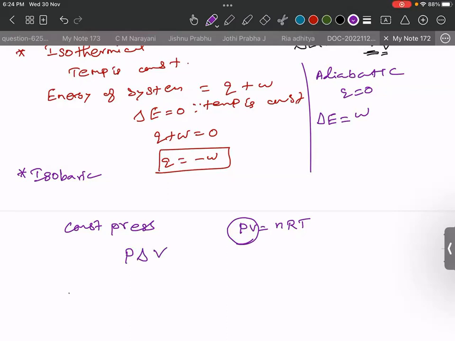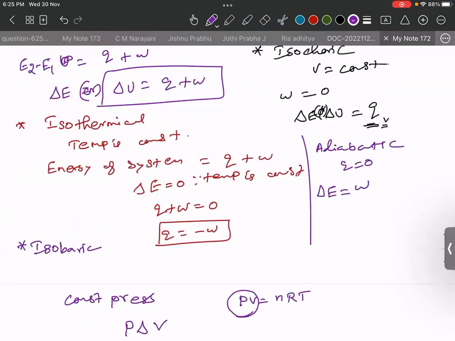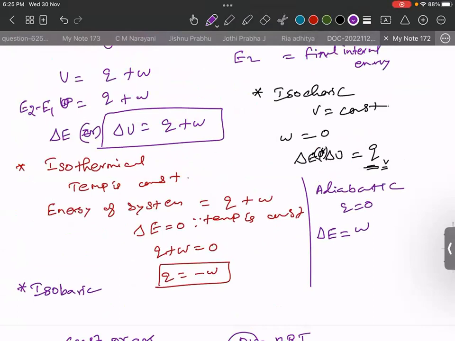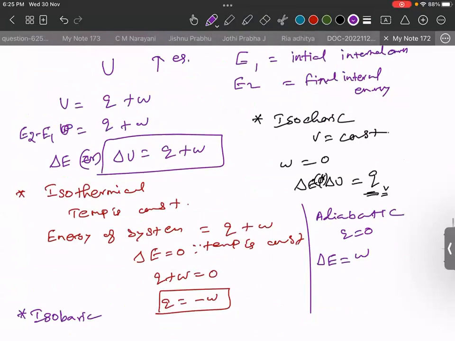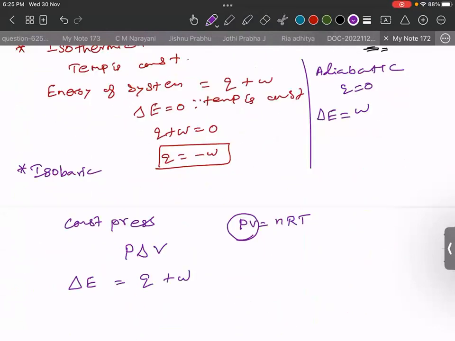Now delta E is equal to Q plus W. This is what we have seen in the first form of the mathematical equation. Now you know that W is negative, because work is done by the system.